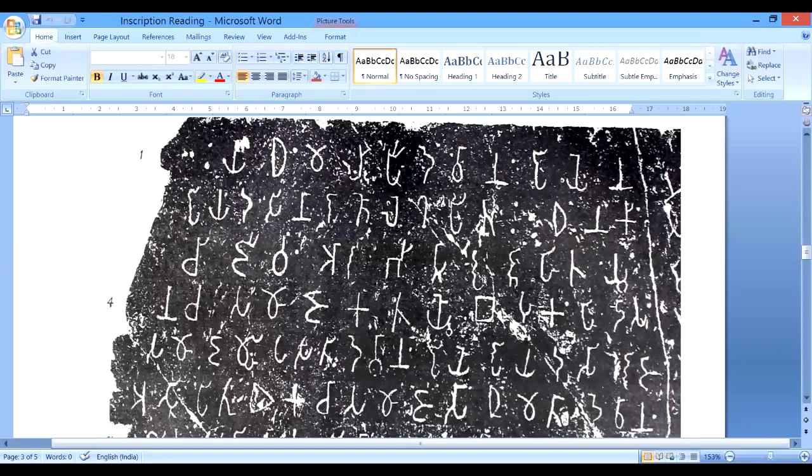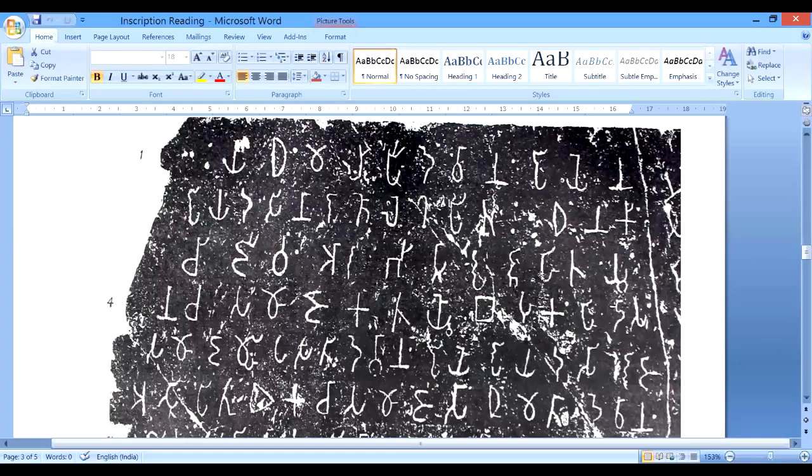So look at here, pakara, and on the top there is a zigzag. That zigzag is pra, P-R-A, pra. And jakara, and here a double stroke. The two vertical lines is long u. Okay, so pra and jakara with long u, praju.